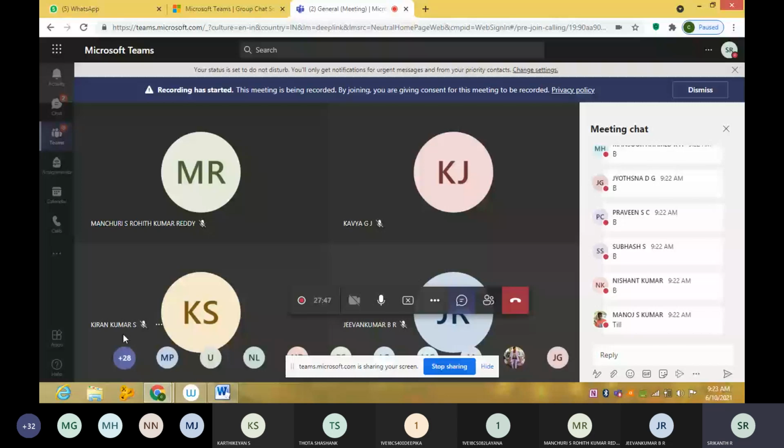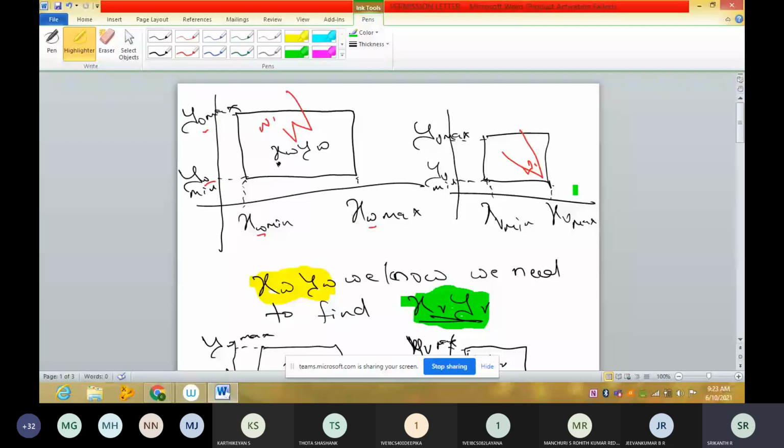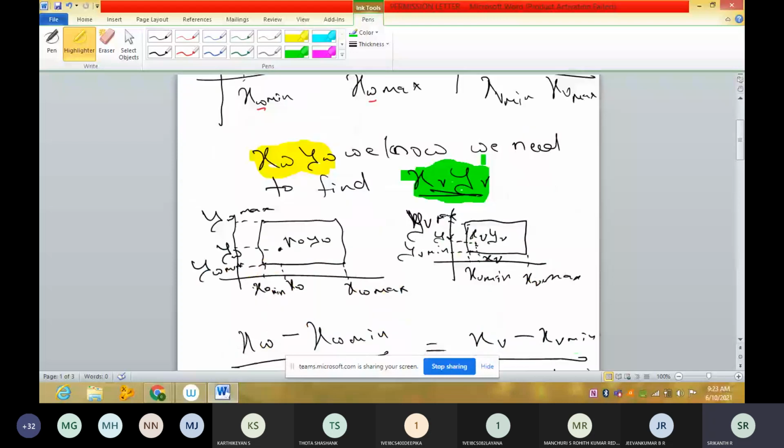See here. Now, what we know is we have a pixel, guys. I will explain once again slowly. This is xw minimum. This is xw maximum. This is yw minimum. This is yw maximum.